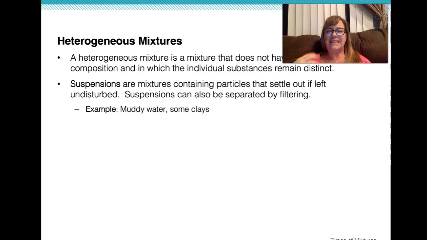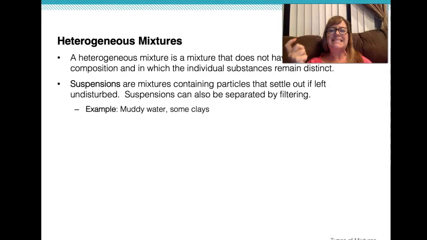So this is that thing like Italian salad dressing, the sand on the beach, where you can see the different particles and their different colors and their different sizes. And no matter what, each particle remains distinct, right?